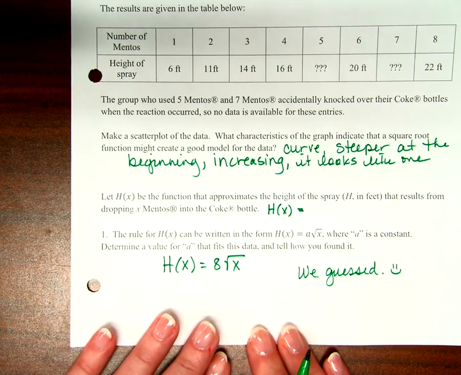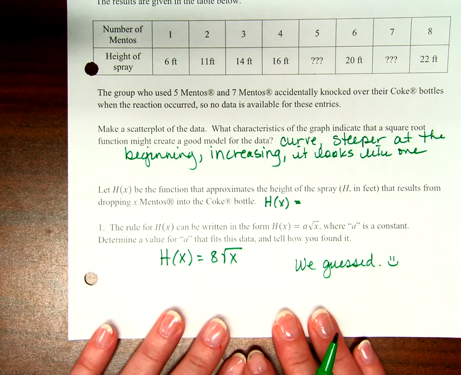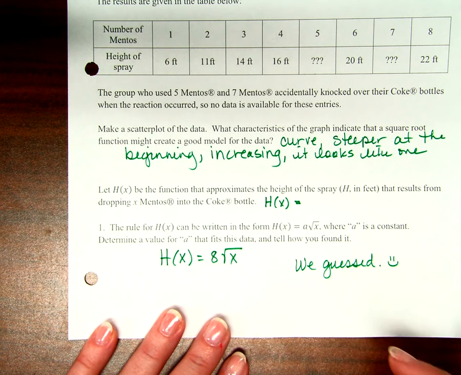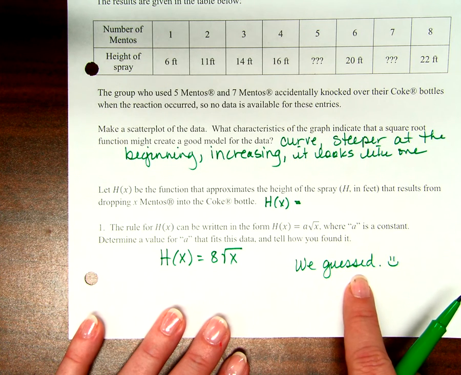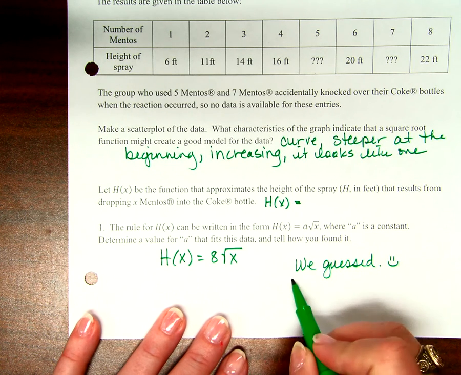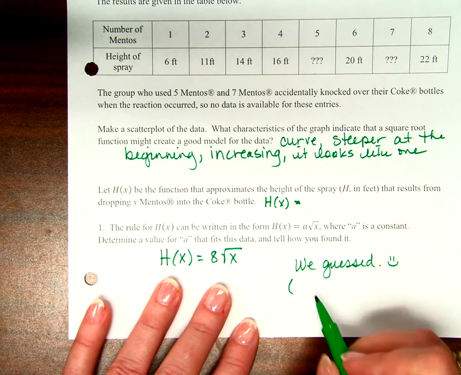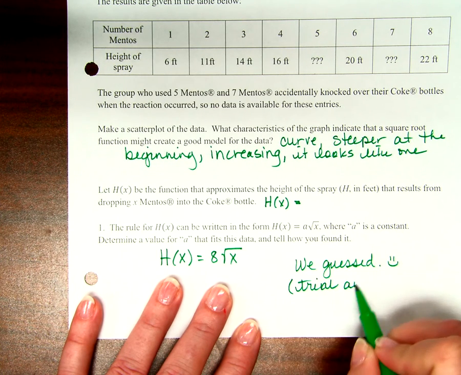Is that even allowed in math? But I'm always telling you to show your work, right? Didn't Maddie show her work? She had all those different equations on there, right? Trying to figure it out. Isn't that showing your work? Even when we're guessing? Is that allowed? Yeah. What's a more, I guess, mathematical way to say we guess? Trial and error.